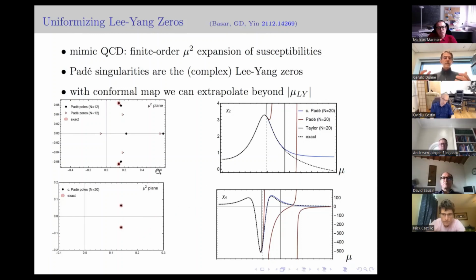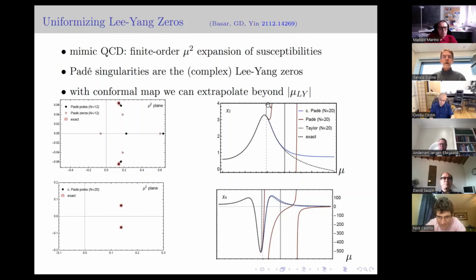So now we can use those analytically continued approximations, either with conformal map or without, Padé, and compare with an exact answer, because we can actually calculate exact answers with this random matrix model. So here's the second susceptibility, just called the susceptibility. And the exact answer, I hope you can see, is this dashed line here. And if you just use the Taylor expansion, so let's say 20 terms of the Taylor expansion, this is the magnitude of the Lee-Yang zero. So this sets the radius of convergence.